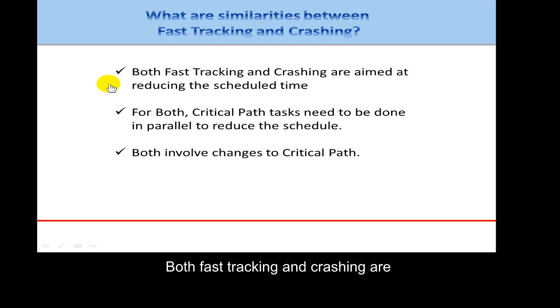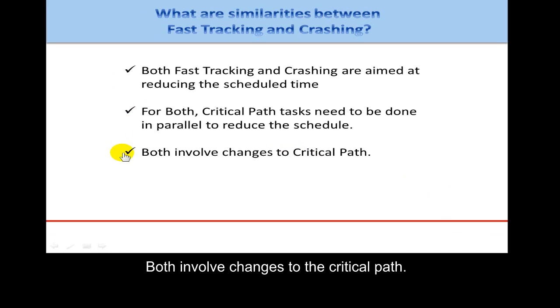Both fast tracking and crashing are aimed at reducing the scheduled time. For both, critical path tasks need to be done in parallel to reduce the schedule, and both involve changes to the critical path. So the big difference with crashing is that you don't necessarily maintain the efficiency of the project.